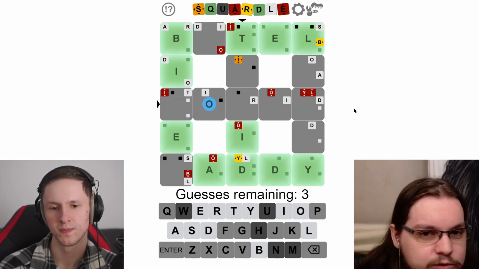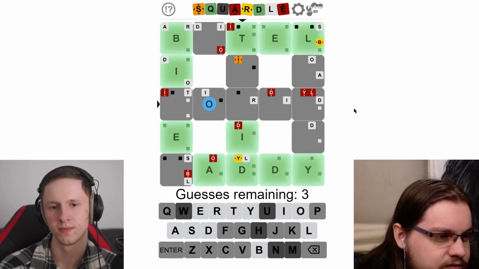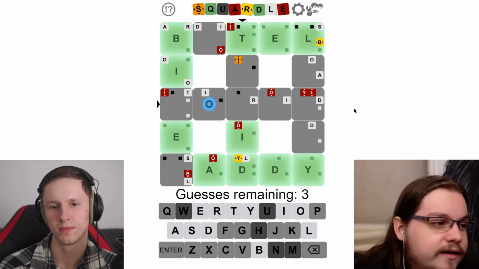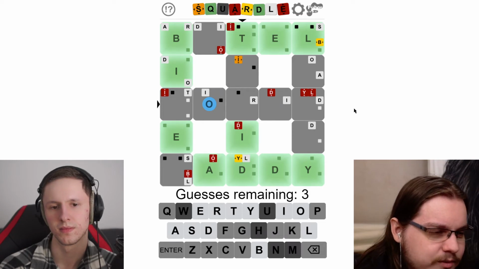That's the O, which we know definitively goes there. I honestly think we'd have a better shot almost trying to figure out the first row and then having the first letter that way, but at that point we might as well just go for the rows when they come up.